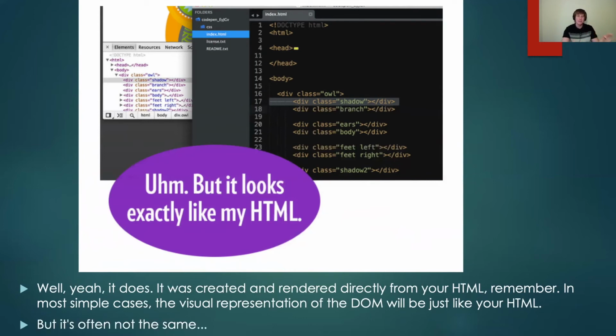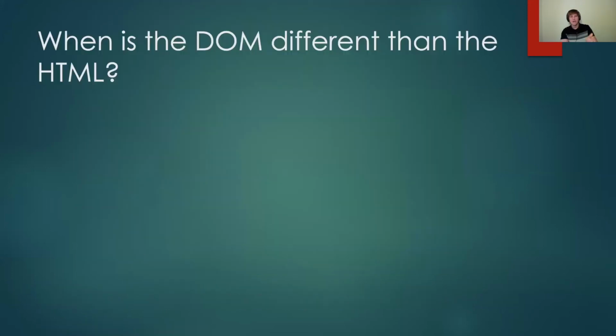Maybe I put ID equals Nick, then the DOM translates that into ID equals 0, 1. Or maybe I put the color blue and then the DOM changes it to a hexadecimal color for RGB. Whatever the case may be, when I inspect the page and look at the Elements section, that is a visual representation of the DOM and is most likely going to be different than your HTML code when you're not looking at a simple example.